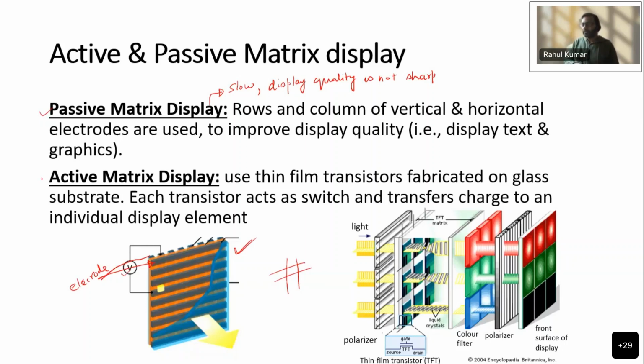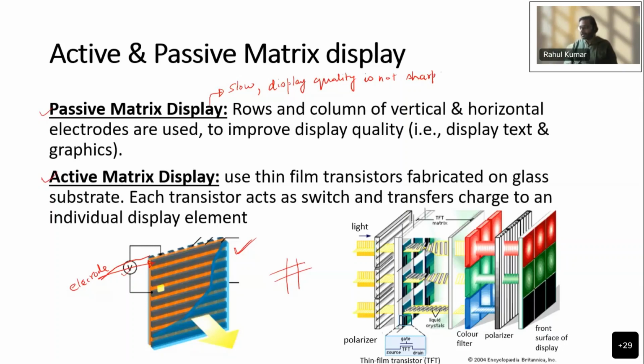The next type of LCD display is your active matrix display. They use transistors which are fabricated on the glass substrate.